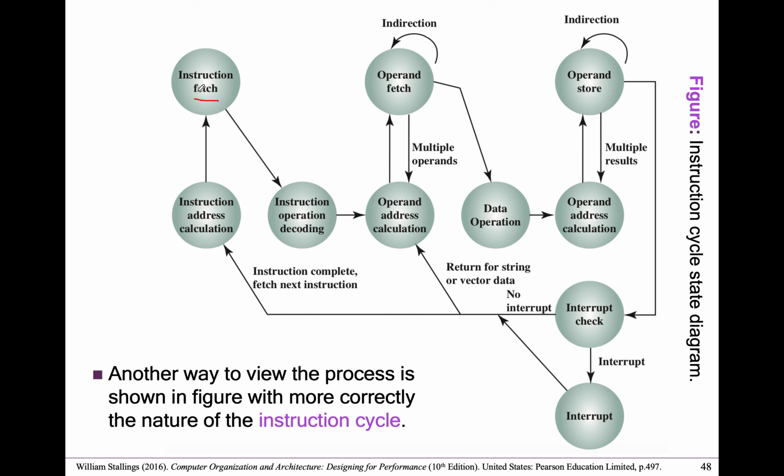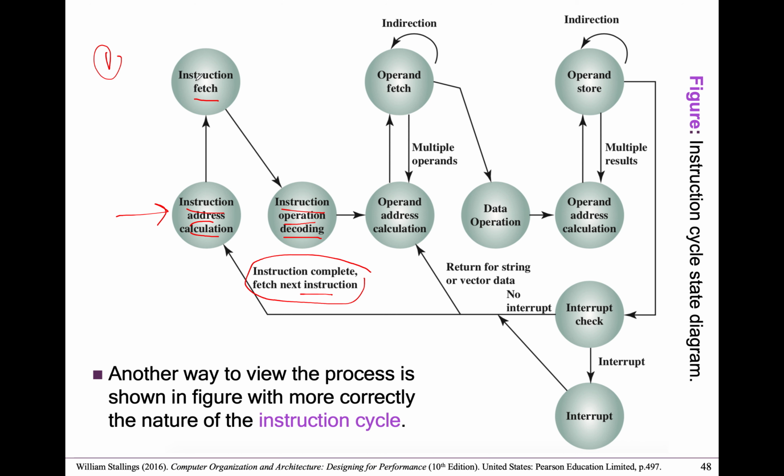When we have the instruction phase, what happens is instruction operation decoding. So this is your instruction address calculation and so on. This one is under your operation instruction complete, which is your next fetch instruction.